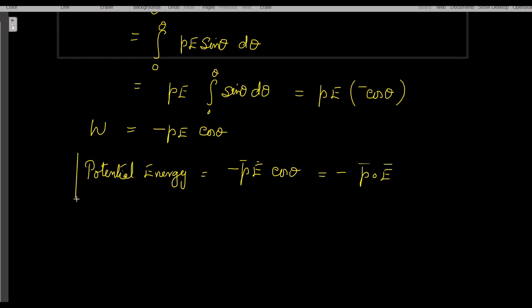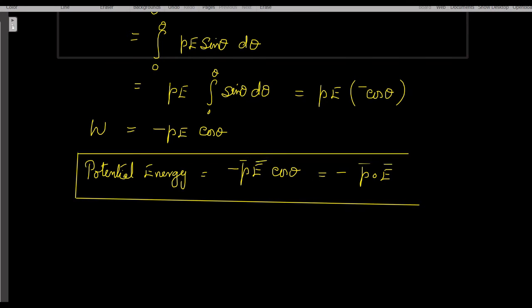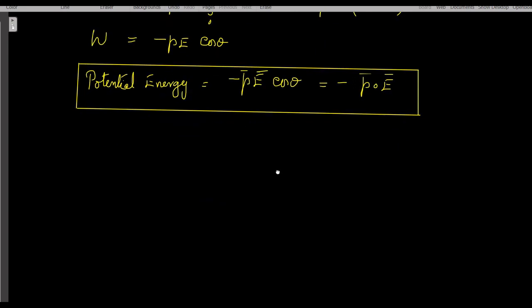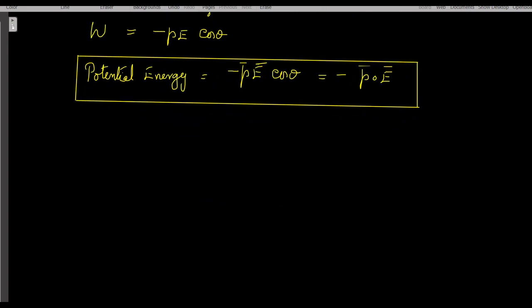So this is the expression for the potential energy stored in an electric dipole placed in uniform electric field. Now let us consider different cases of angle theta.